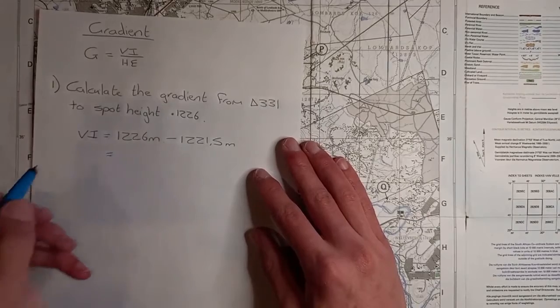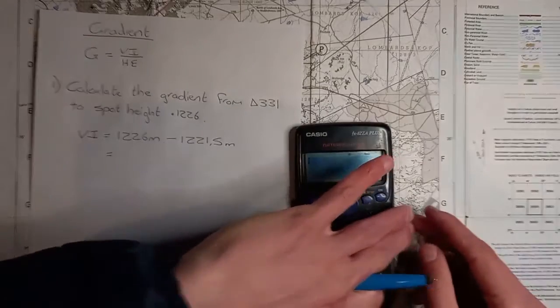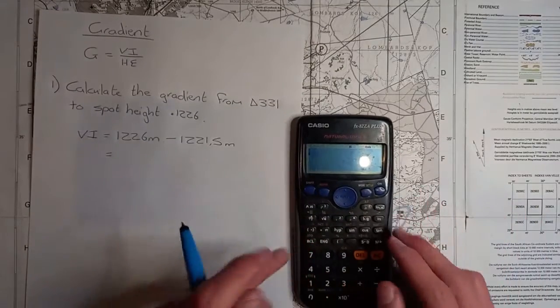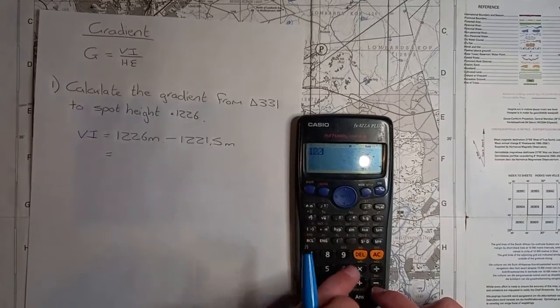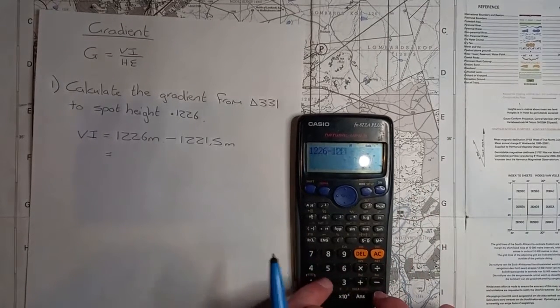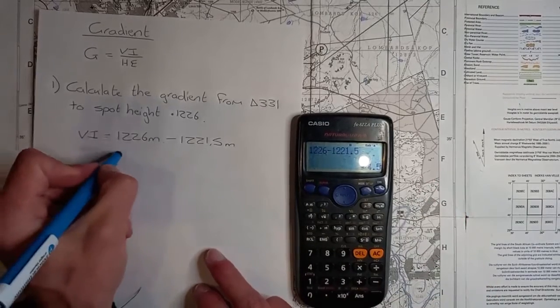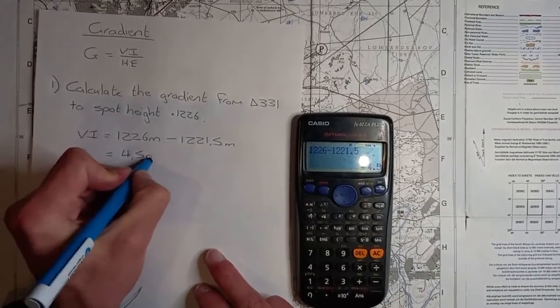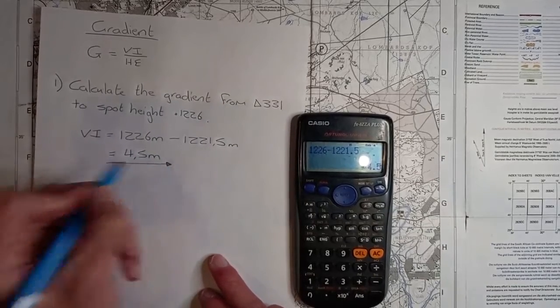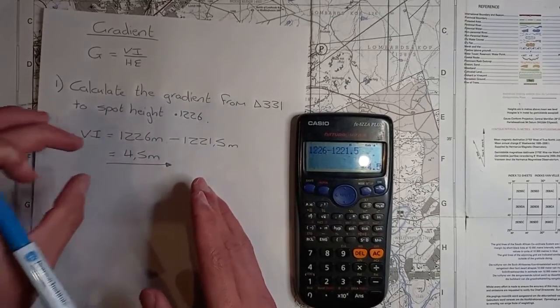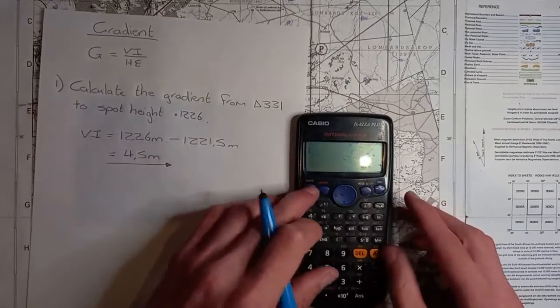That therefore is equal to, so we take our calculator, always have your calculator with you. We put 1226 minus 1221.5, and we get 4.5 meters. Okay, so that is the first step. That is now finding our vertical interval.